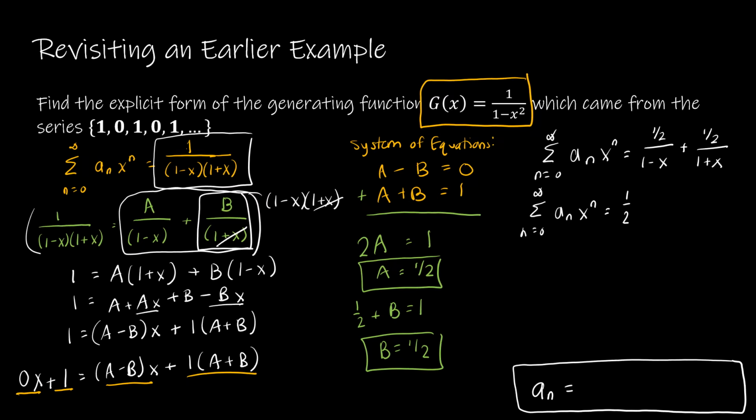Well, I know 1 over 1 minus x is the summation as n goes from 0 to infinity of x to the n. And then I can factor out that 1/2 or pull it to the front. And then I have 1 over 1 plus x. And again, I know that that in fact is the series as n goes from 0 to infinity of negative x to the n. And you might be saying, well, how do I know that?